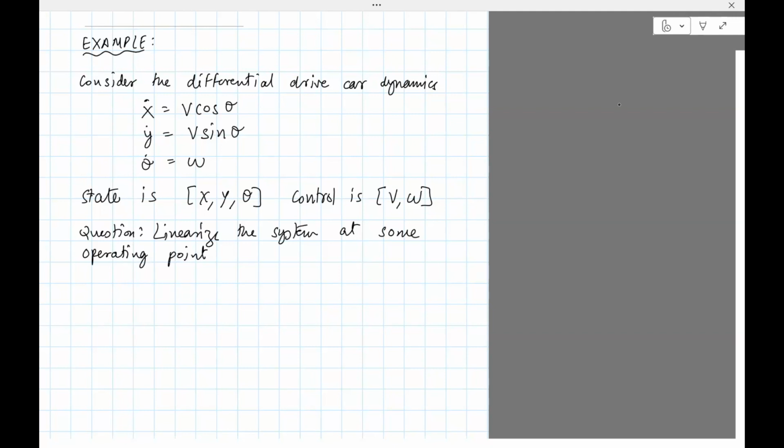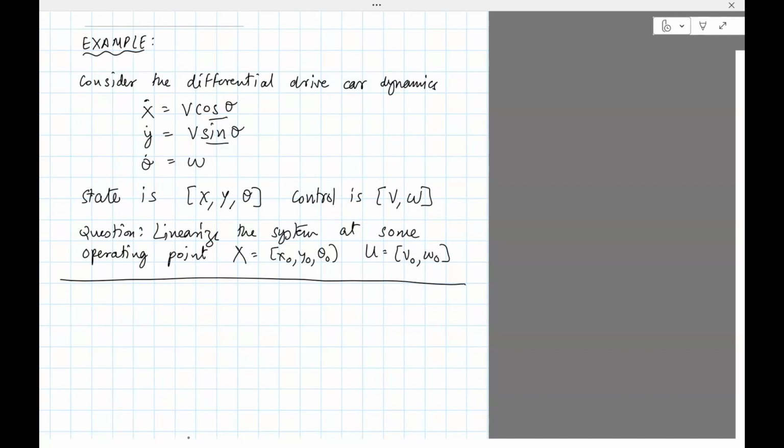So let's say that this is capital X, x0, y0, theta 0, and capital U, v0, omega 0. Okay, so the non-linearity is because of this cosine, the sine term. So we cannot use pole placement or LQR to control it. So this is how we'll do it.